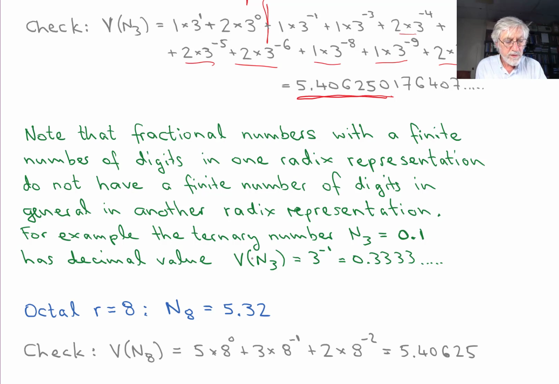So the value of n3 is equal to 3 to the minus 1 because we have a 1 immediately to the right of the radix point. And as we know, 3 to the minus 1, 1/3, is equal to 0.3333 forever. In the decimal system, we cannot exactly represent 1/3 with a finite number of digits.